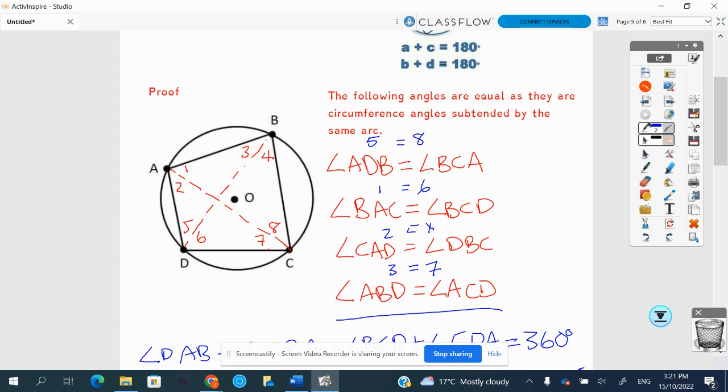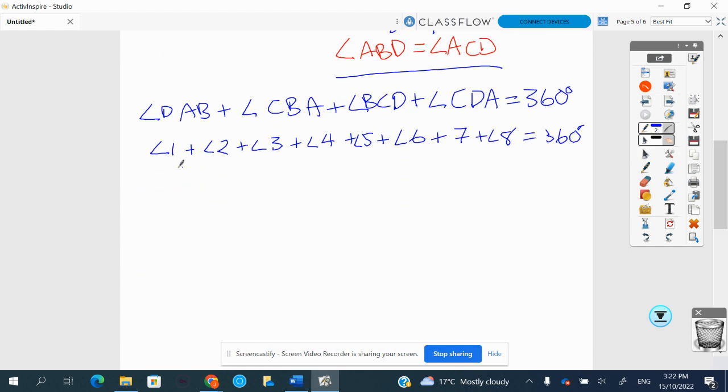But what you can see up here is we've just shown that each of these angles is actually equal to another angle. So instead of using every number, we can just use half of the numbers and multiply them by 2. So 2 times angle 1 plus angle 2 plus angle 7 plus angle 8 will be equal to 360 degrees.